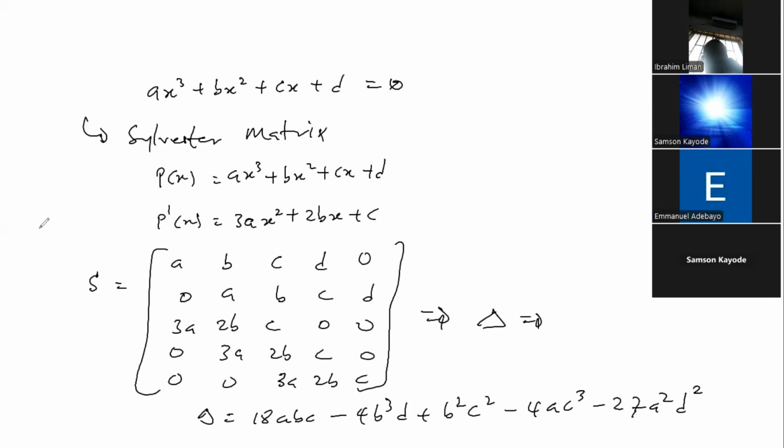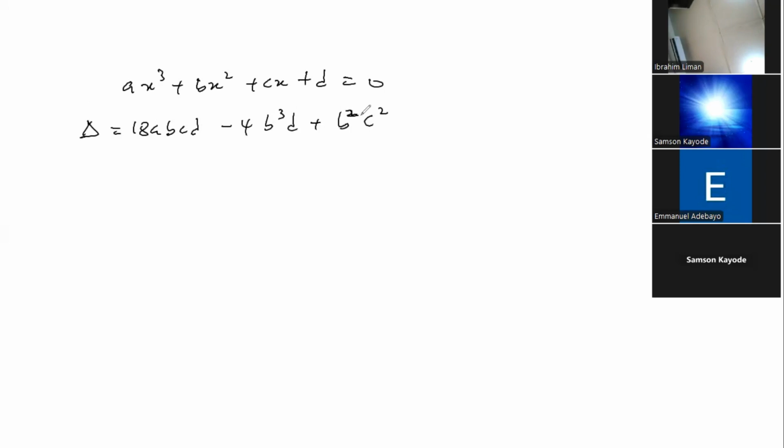So if that is that, it means that for the cubic ax cubed plus bx squared plus cx plus d being the same as 0, the discriminant is the same as 18abcd minus 4b cubed d plus b squared c squared minus 4ac cubed minus 27a squared d squared. So let's assume you try to model a particular system, okay?